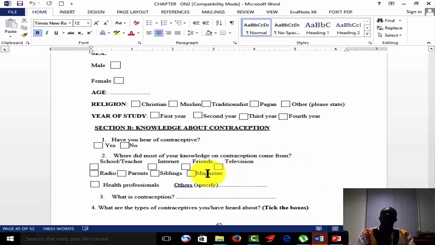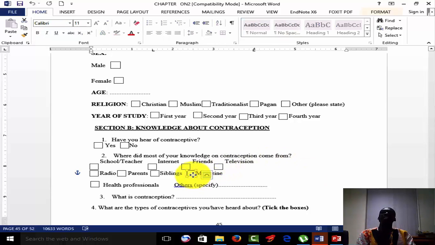So if the person found it in a magazine, that will make him more knowledgeable than if he found it on the internet? And these questions are supposed to be measuring knowledge about contraception.